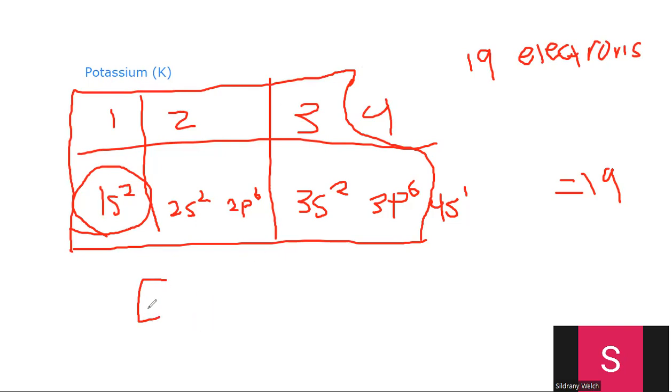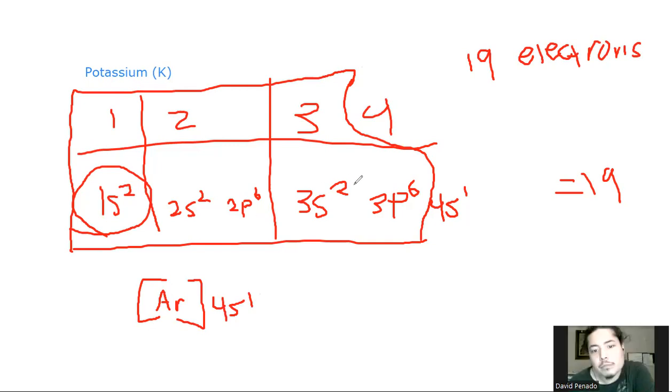Then 3s goes back to max 2, and 3p is 6. So any s is 2, any p is 6.